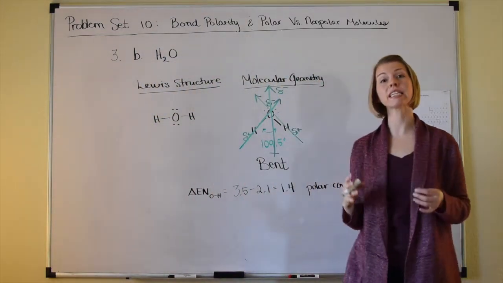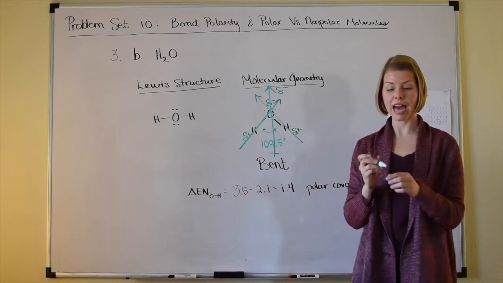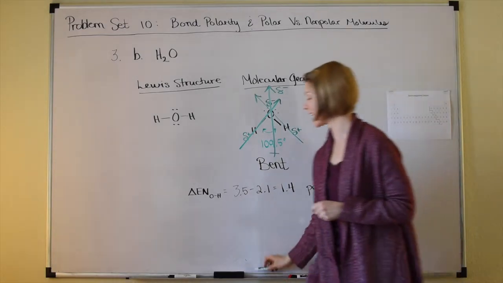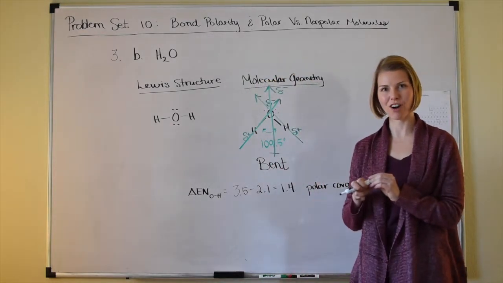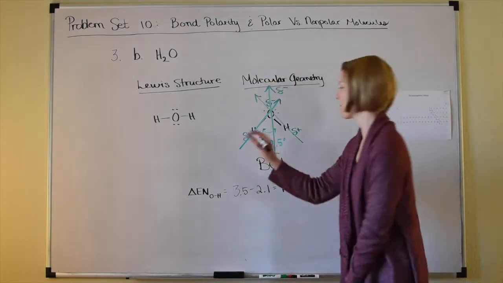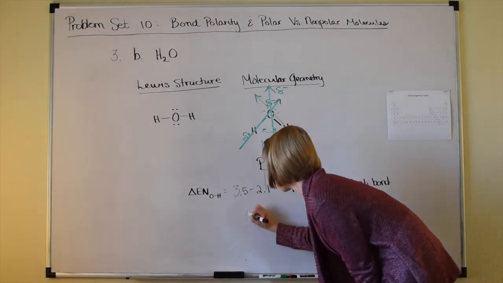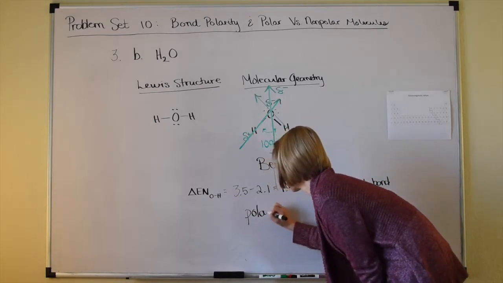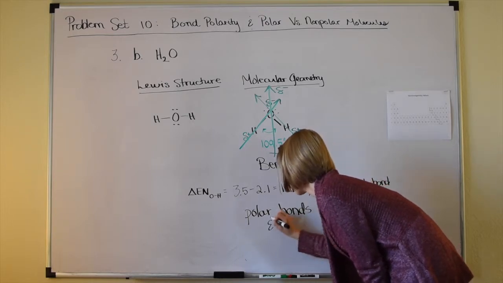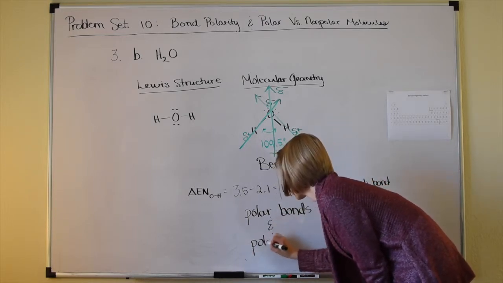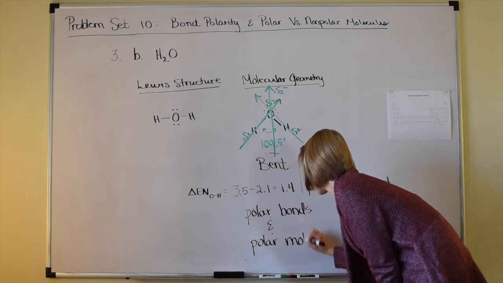This is a great example of a molecule that has polar bonds that are not equal and opposing in direction and therefore do not cancel out, leaving it a polar molecule. So I'm going to write down here polar bonds and a polar molecule.